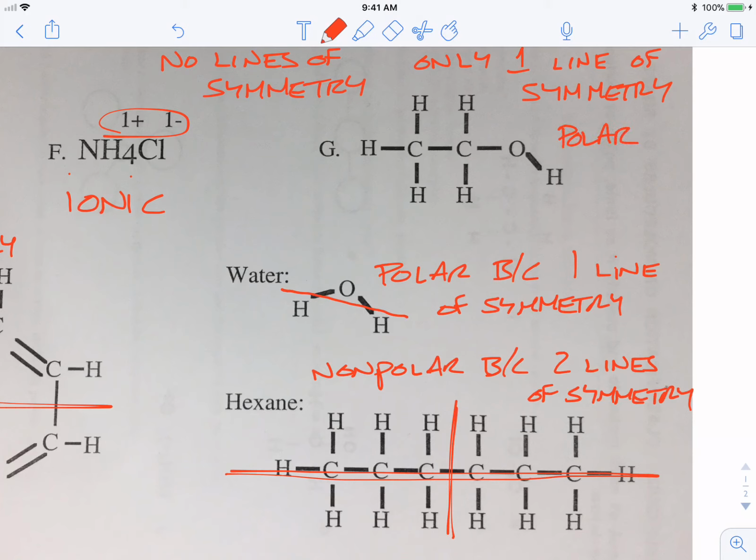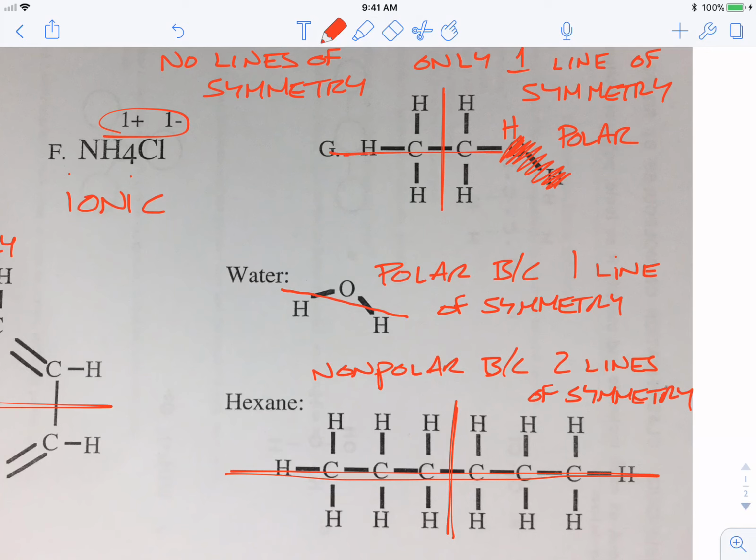And we could almost stop there because that goes along with the classification that we told you. However, what if we say, okay, let's keep that line of symmetry there, and then let's say that I didn't have this part of the molecule, and instead there was an H here. All of a sudden, this molecule looks a lot like hexane, and we'd end up having 2 lines of symmetry here.